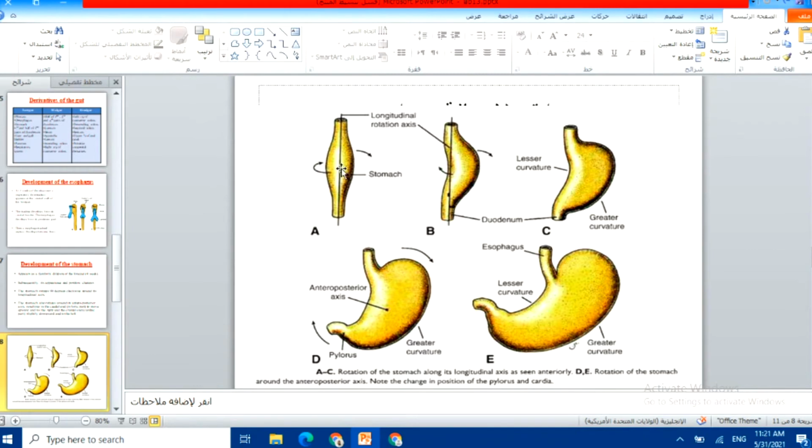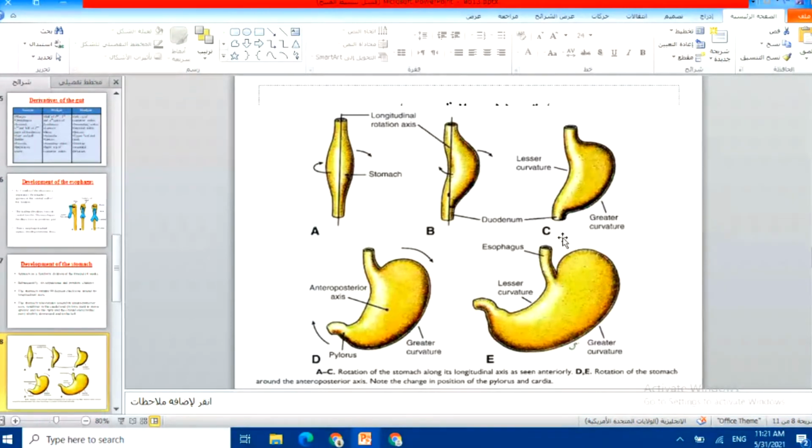Then later on, as the development continues, the growing will happen unequally. How? We will have a lesser curvature and a greater curvature. As you see here, there will be a concavity, the lesser curvature, and here the shape will be different. Why? Because the growing on this side will be greater and will give us a greater curvature.